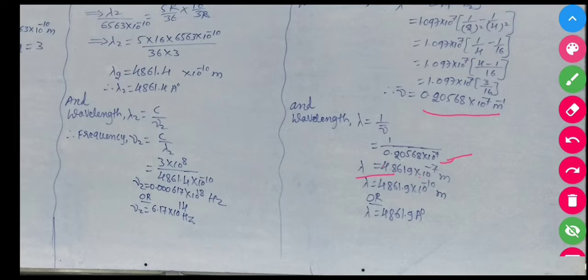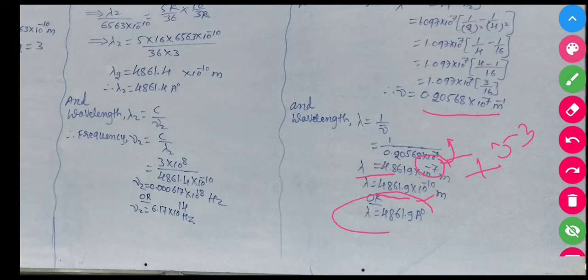What is the relationship between wave number and wavelength? The reciprocal of the wave number gives the wavelength, or the reciprocal of the wavelength gives the wave number. So the wave number we obtained here has to be taken as a reciprocal to get the wavelength.